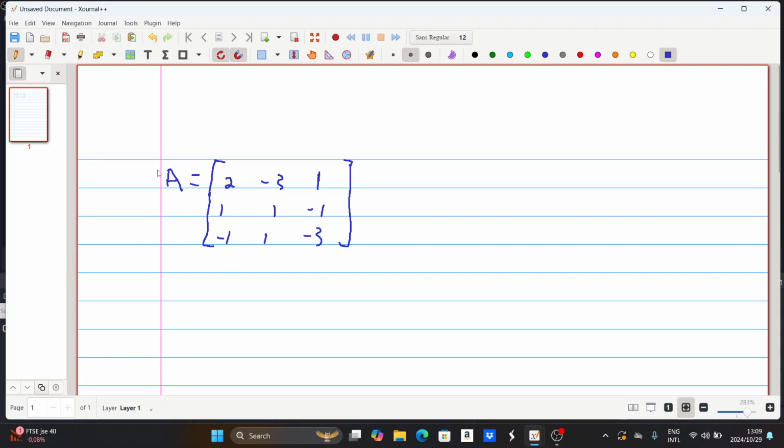On today's lesson, we'll be learning how to use this matrix A to find the cofactor and the cofactor matrix. The cofactors.